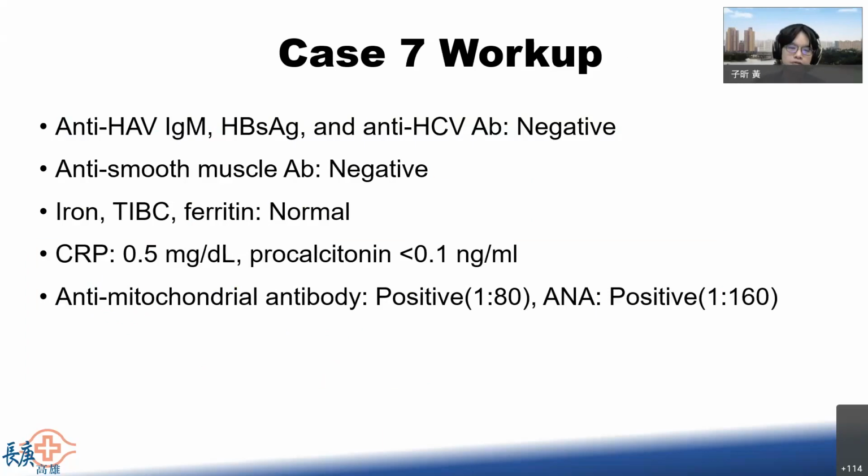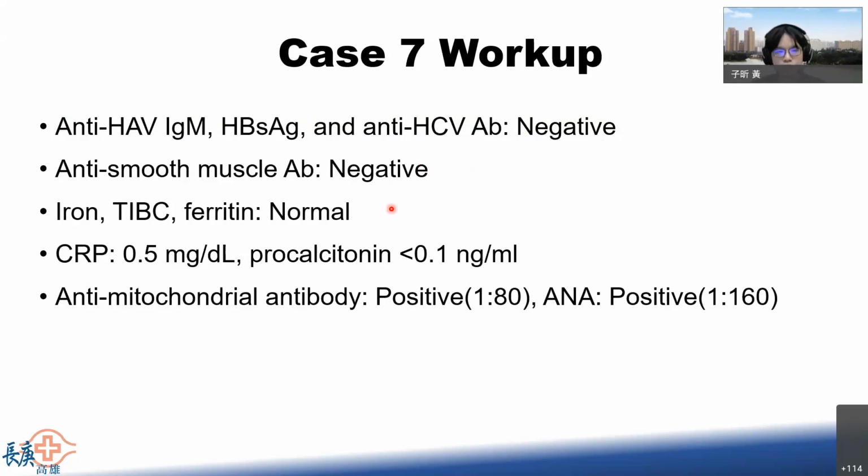So for the patient, you perform the workup as well. So the anti-HAV IgM, HBs antigen, and anti-HCV antibody are all negative, meaning that the patient does not have viral hepatitis. Anti-smooth muscle antibody is negative. This is for autoimmune hepatitis survey. The iron survey for hemochromatosis is negative.